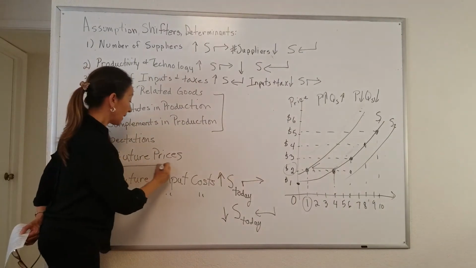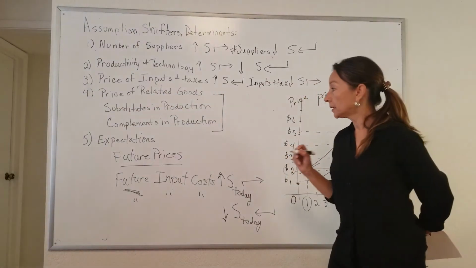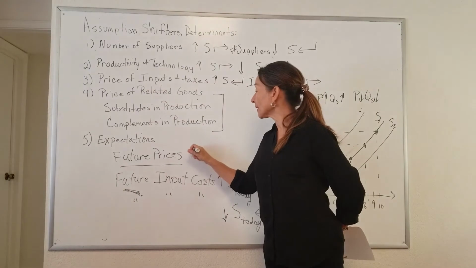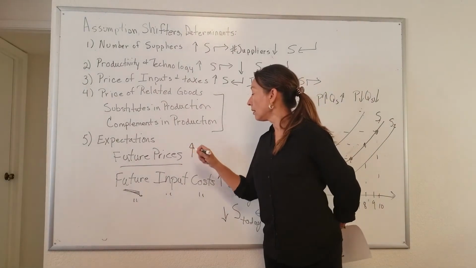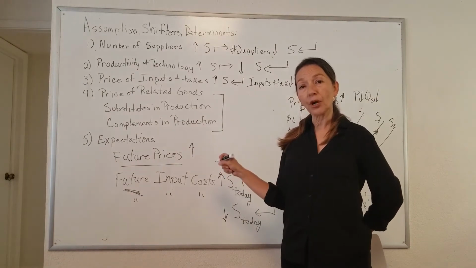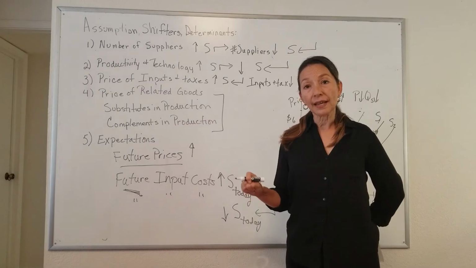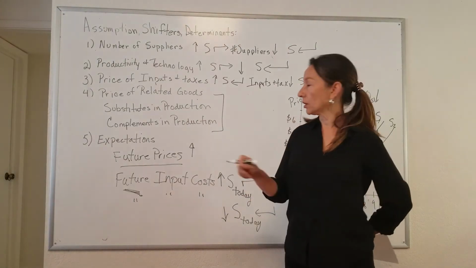Finally, future prices. Future prices has a big impact on supply. If you think you can get more dollars, or you can charge a higher price for that ice cream tomorrow, then you're not going to supply or sell a bunch today because you're going to get more tomorrow.